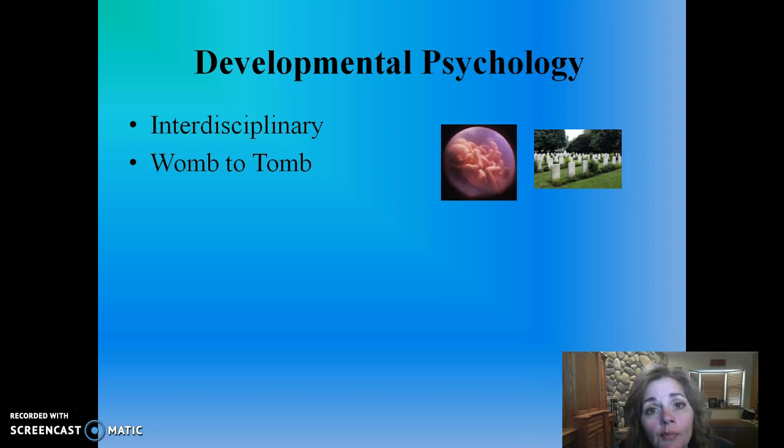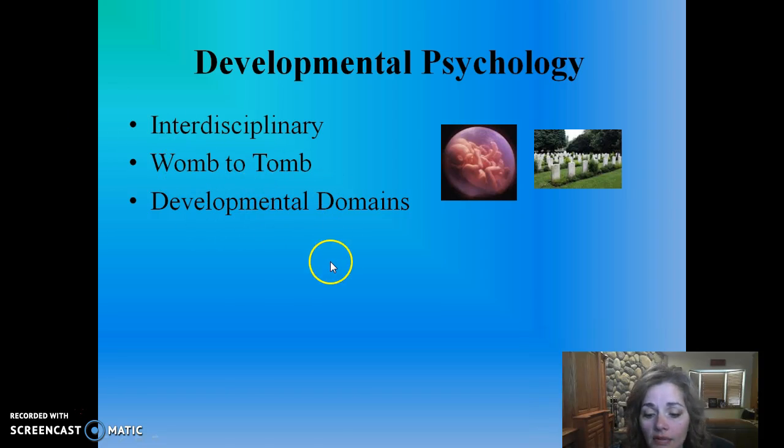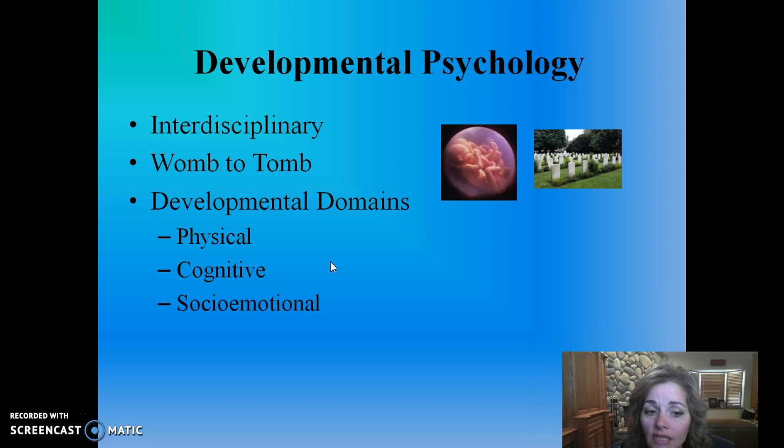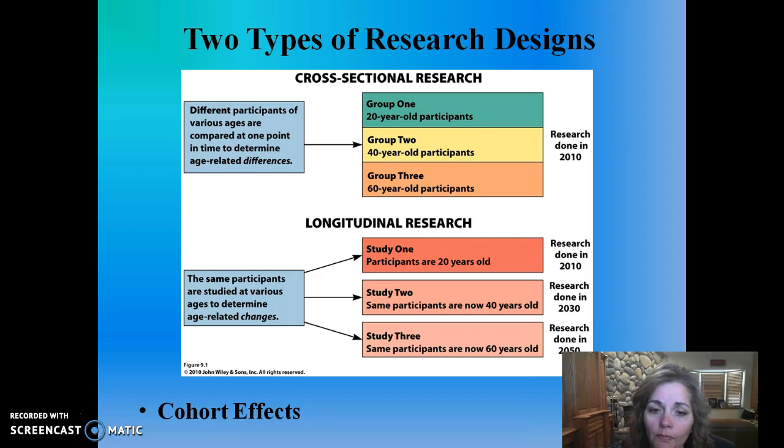A lot of information relevant to the nursing profession comes into play in the study of developmental psychology, which is why this particular psychology course, Human Development Across the Lifespan, is often a requirement for nursing programs or any other graduate programs related to nursing or healthcare. So again, we study from womb to tomb, from conception to death. We discuss relevant theories that apply over the lifespan, as well as how people change in those various developmental domains. As I mentioned, it's physical, cognitive, social, and emotional.